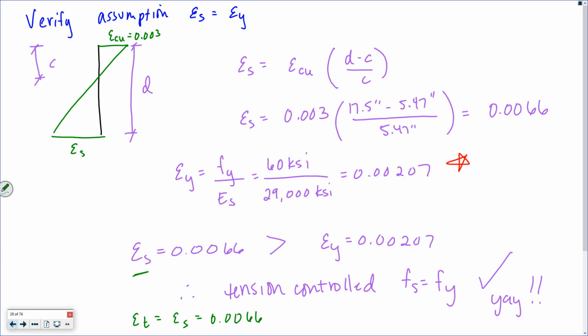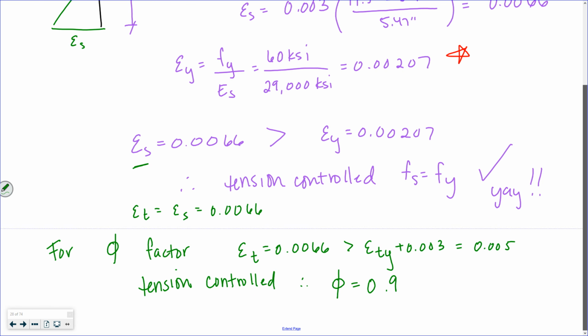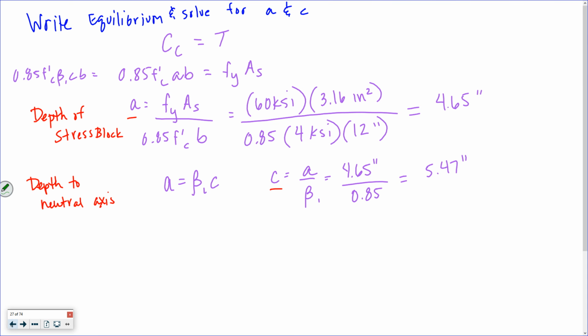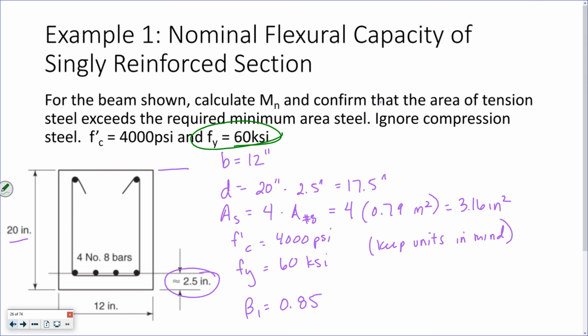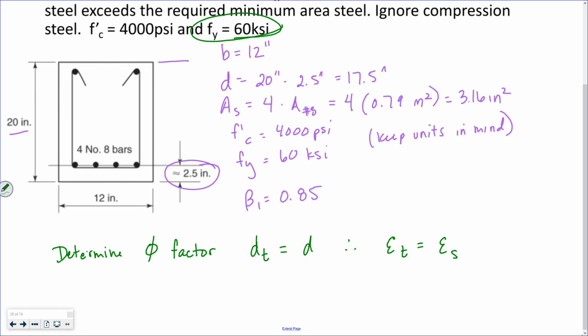So, from my previous example, I could use a phi of 0.9. That's based off the fact that I have a single layer of reinforcement, so I don't have to do any new calculations.